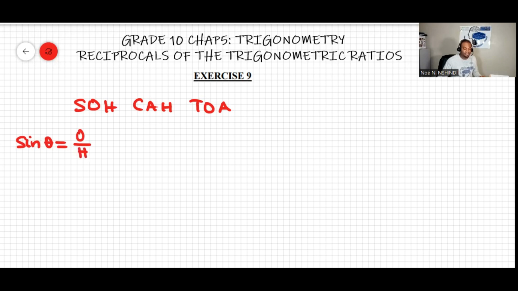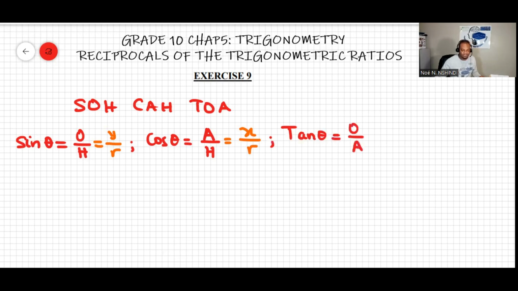As I said, the opposite side is referred to as Y, and the hypotenuse is R. Then CAH is cos of the angle theta equal to adjacent over hypotenuse, and usually the adjacent side is referred to as X, and the hypotenuse R. And finally the TOA is tan of the angle is given by opposite over adjacent.